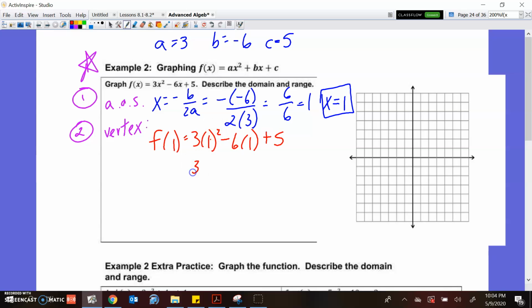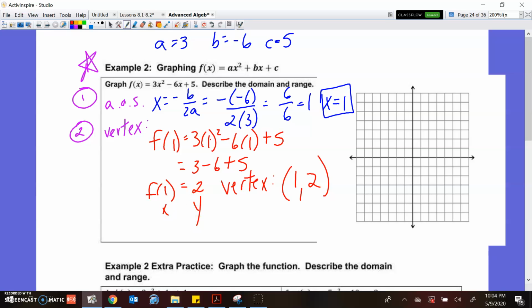So I end up really just getting 3 minus 6 plus 5. 3 minus 6 is negative 3. Negative 3 plus 5 is 2. So my vertex, I would actually write it out and say it's the ordered pair 1, 2. And that's really the beauty of how this function notation works. It tells me my x and my y all the time.